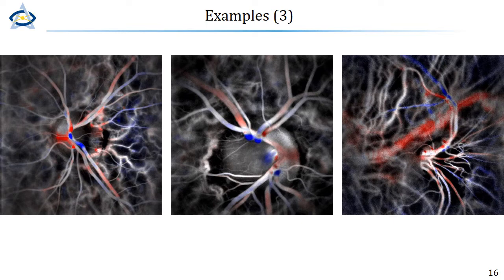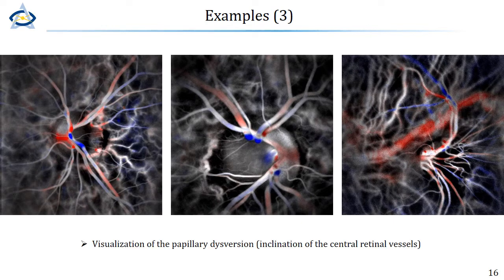And the last series of examples is papillary dispersion. So it's the inclination of the retinal vessels in the optic sheath as they come out into the retina. In the example on the left, the central retinal vessels are moderately inclined.